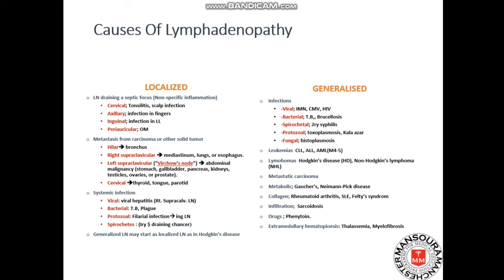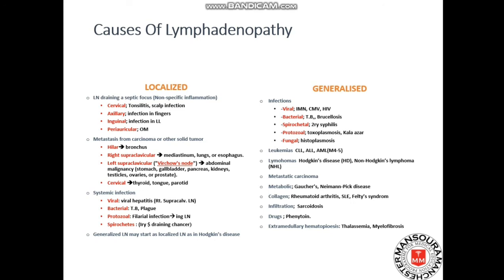Systemic infection, either viral in viral hepatitis, right supraclavicular lymph node enlargement, bacterial in tuberculosis and plague, and protozoal filarial infection, inguinal lymph nodes, and spirochetal leading to primary chancre, primary syphilis, draining chancre. Generalized lymphadenopathy may start as localized lymph node as in Hodgkin lymphoma, then generalized.